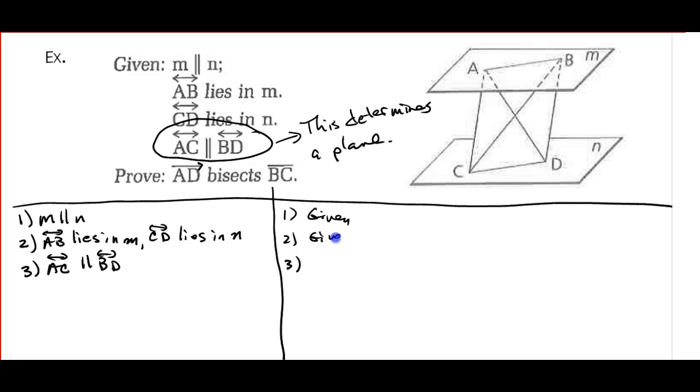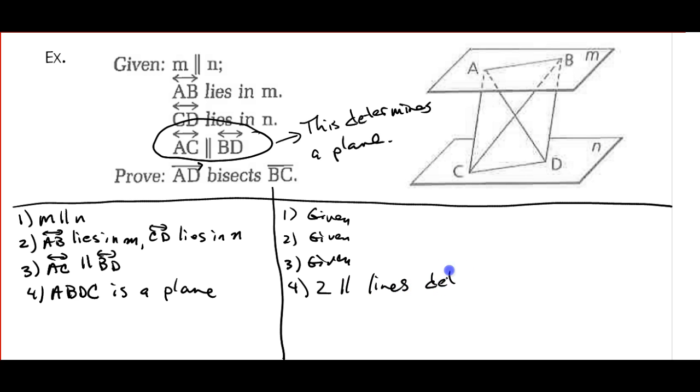Given for 1, given for 2, given for 3. And we already decided that since AC is parallel to BD, ABDC is a plane, and our reason here is 2 parallel lines determine a plane.